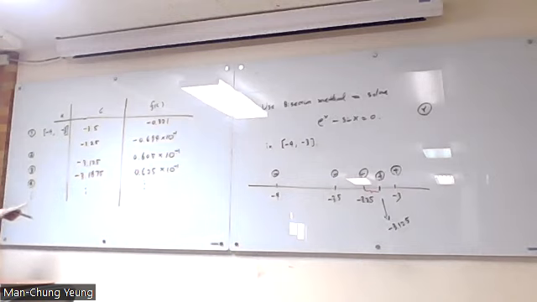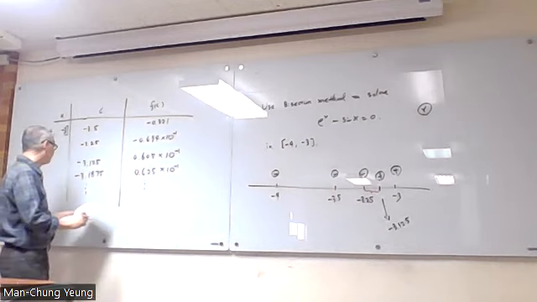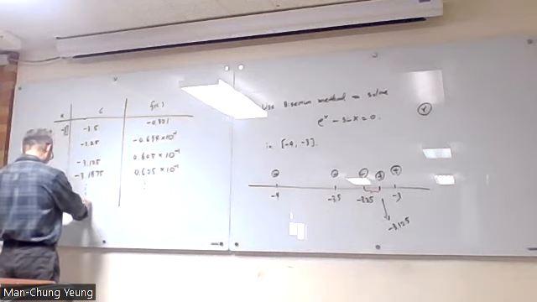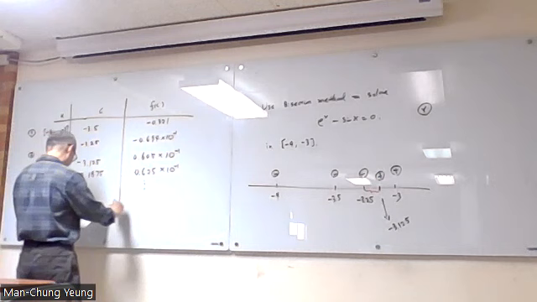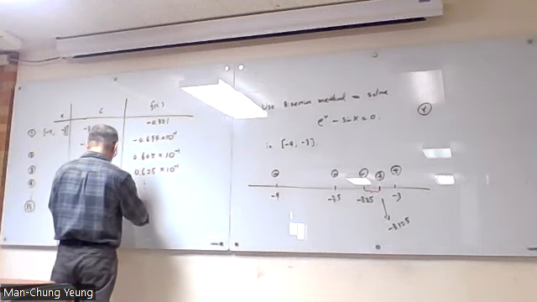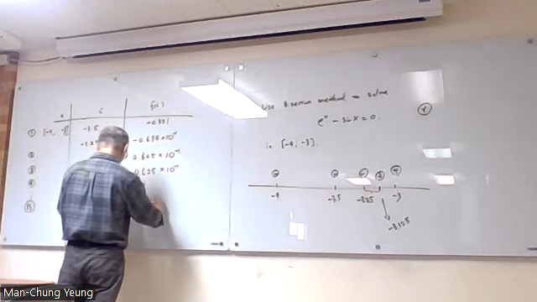When k is 15, the midpoint is negative 3.1831. Function value is negative 0.124.